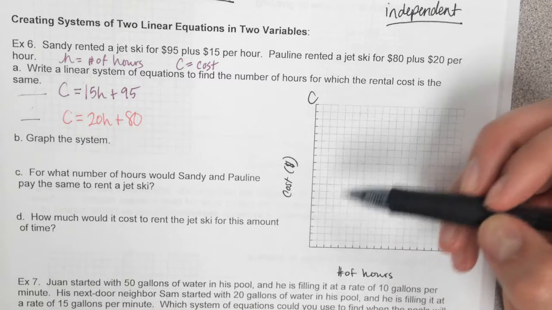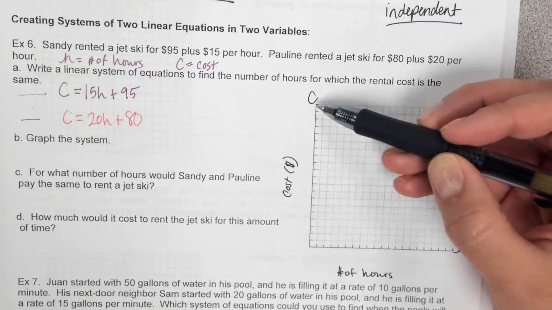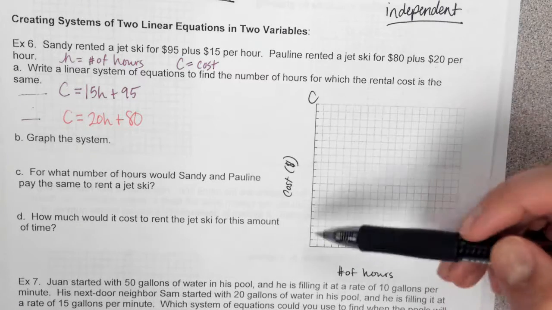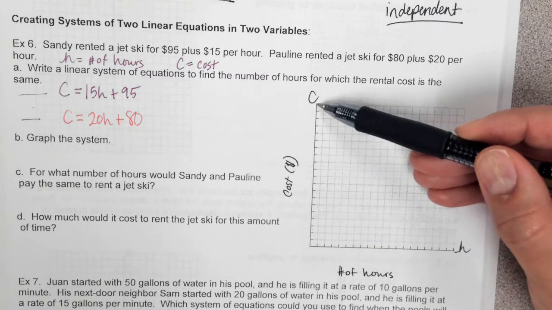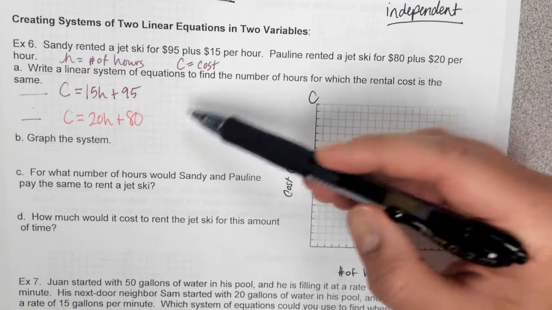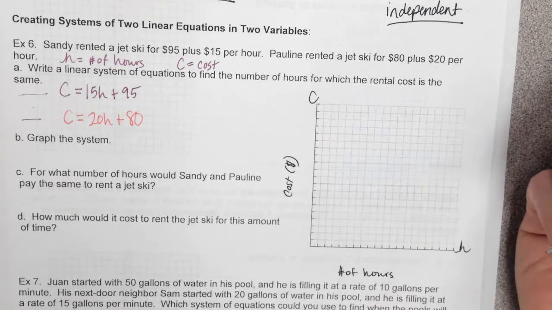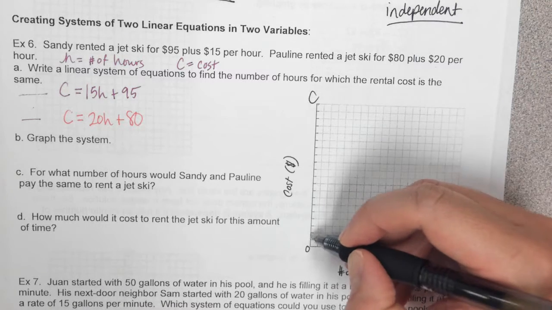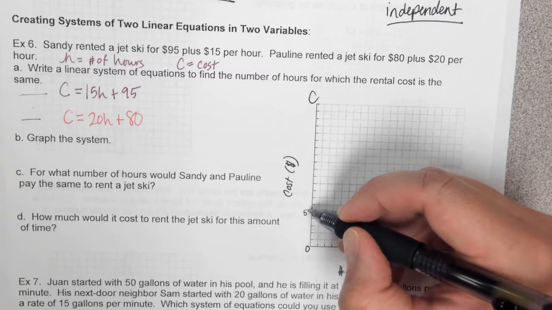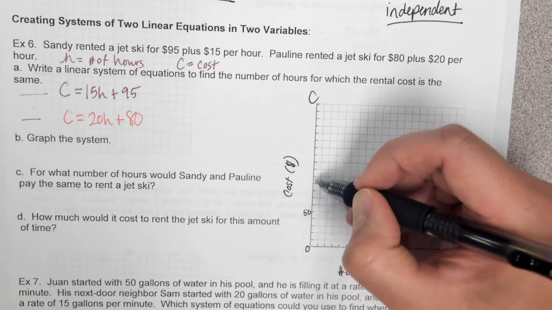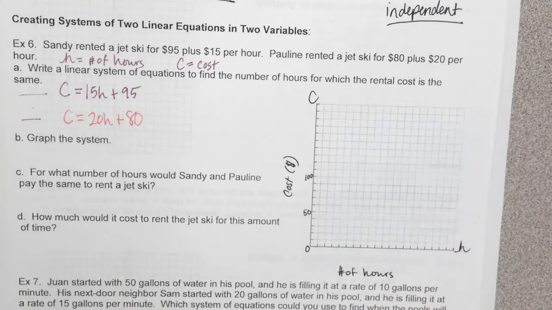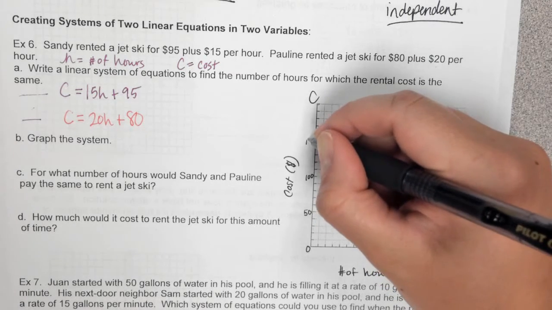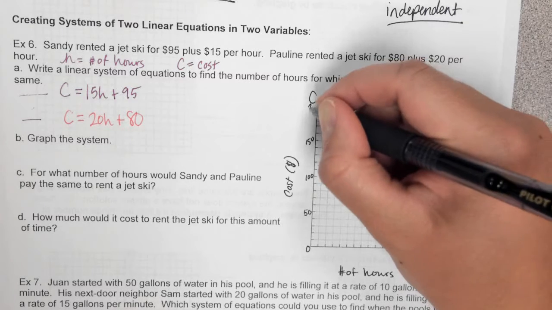What do you think is an appropriate scale to go by? 5? If we go by 5s, we'll make it to 100, and I have to start at 95. So why don't we go by 10s? 10 sounds good. So we can start at 0, 10, 20, 30, 40, 50, 60, 70, 80, 90, 100. I'm only labeling every 50. 150, and then 200 at the top.